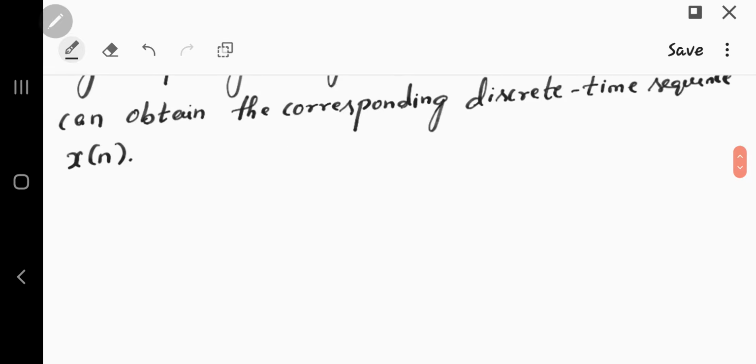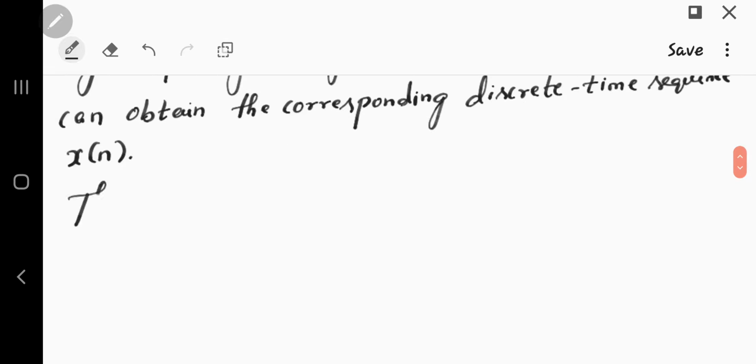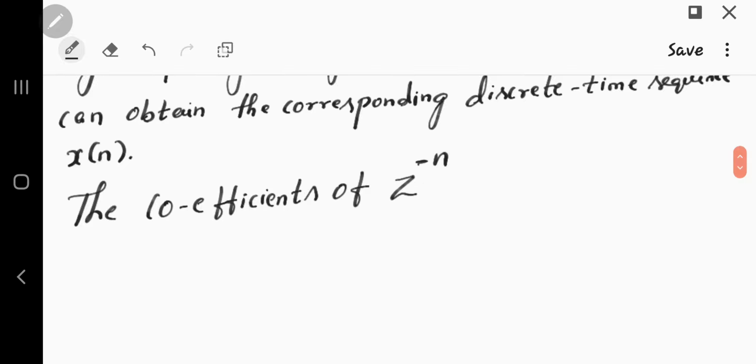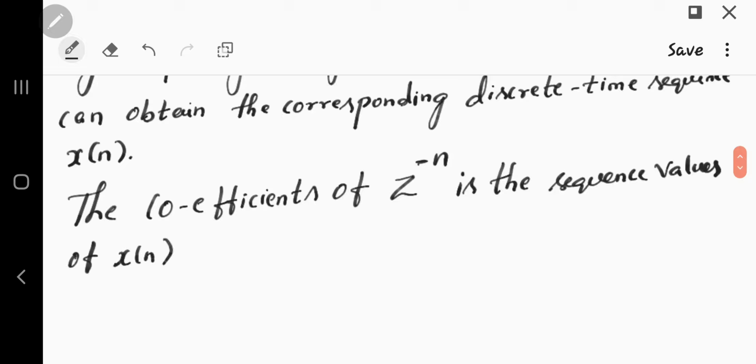Okay, so that means the coefficients of z to the power of -n are the sequence values of x of n. So this you have to remember.